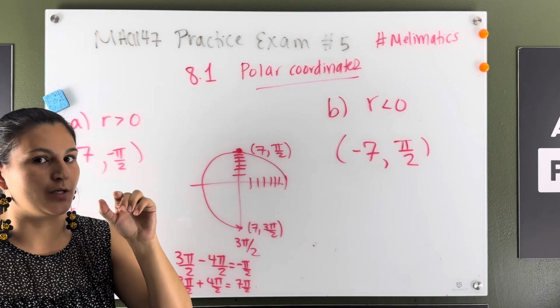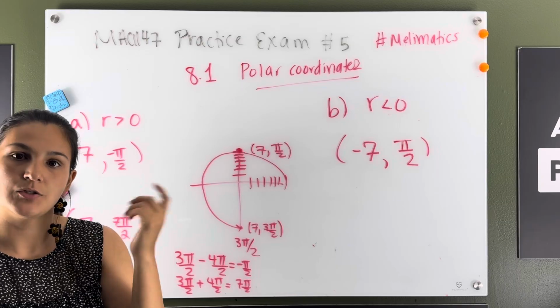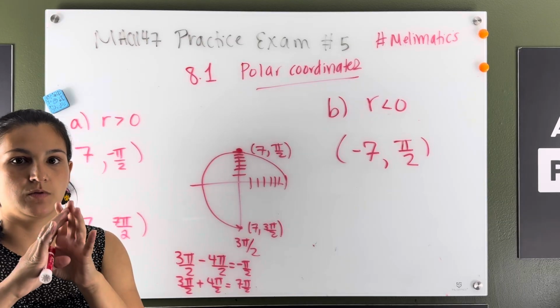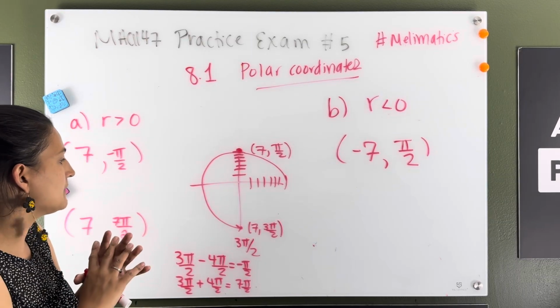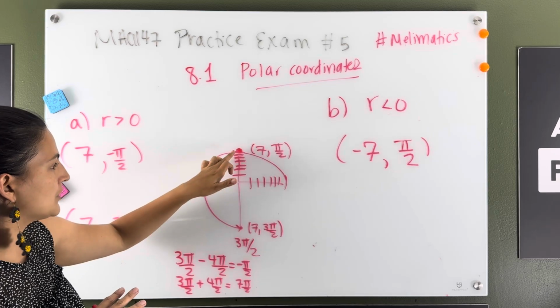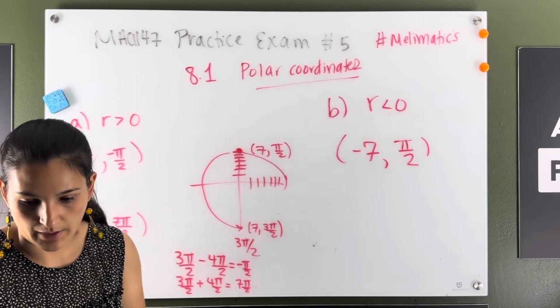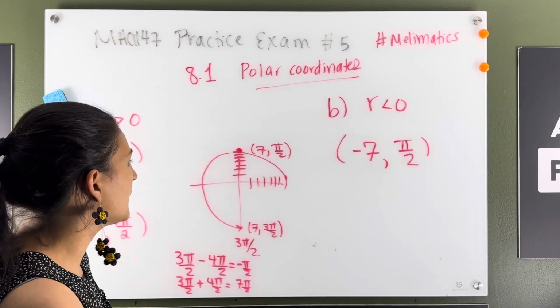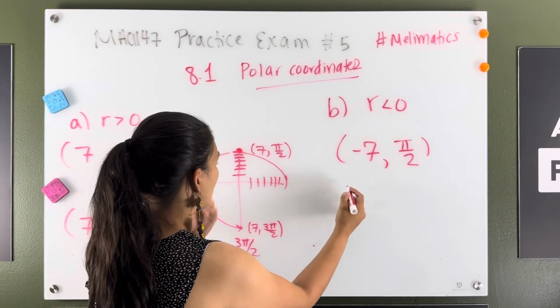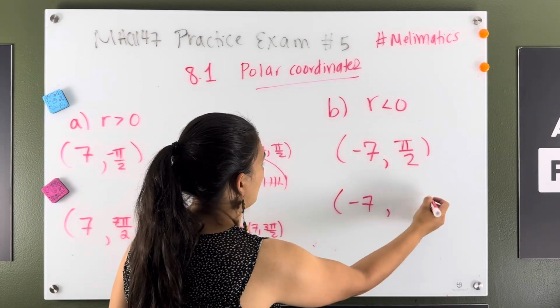Again, remember I told you that if you're in the 3rd or 4th quadrant, it makes sense to subtract pi so that it makes sense in terms of the unit circle. So if I'm subtracting pi, I'm getting pi over 2, which we know that that's that point. So that's one of my answers. Okay, and then how do we get the other one? Well, we'll find a coterminal angle for that value.